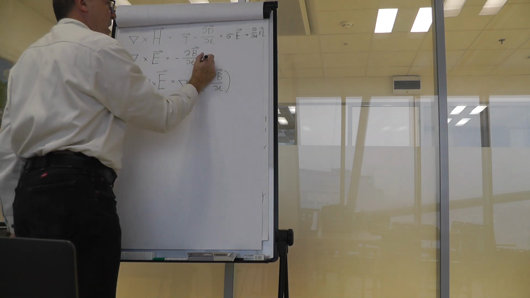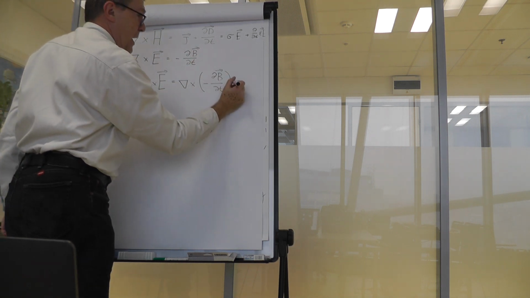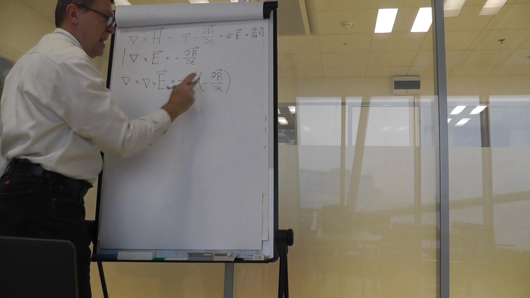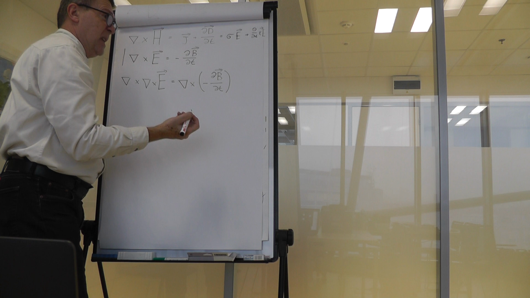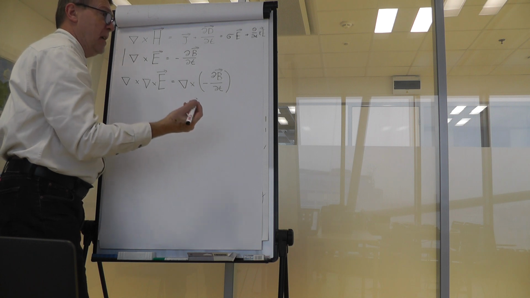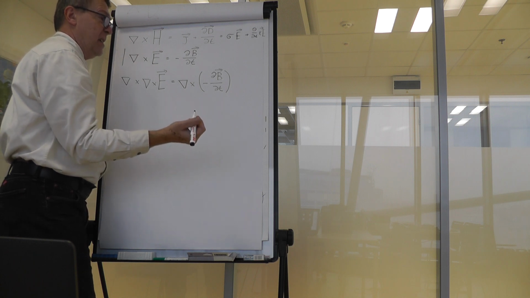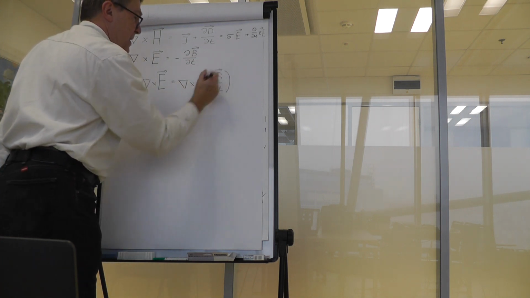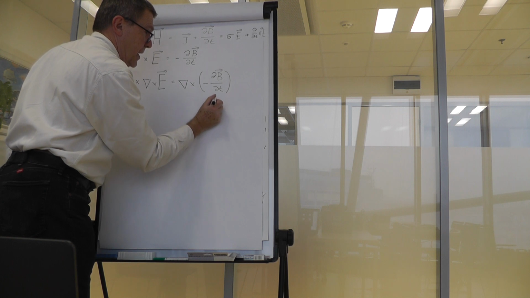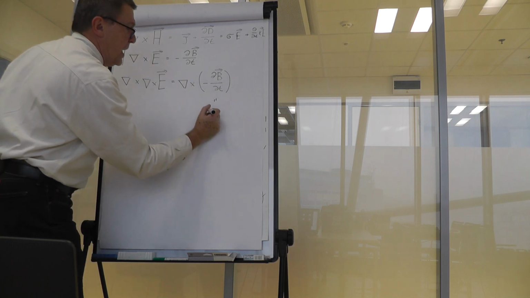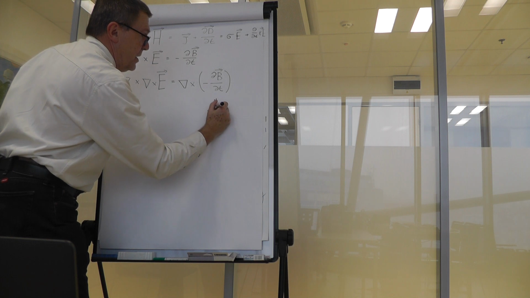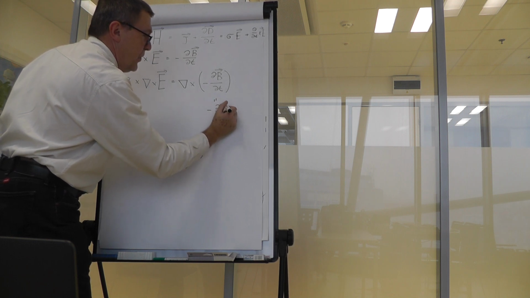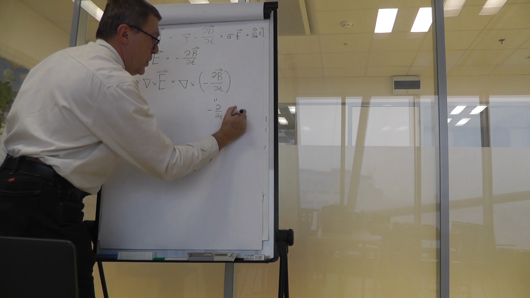And here downstairs we can replace magnetic flux density by a product of permeability and magnetic field intensity. So this could be also written like minus time derivative of mu h.